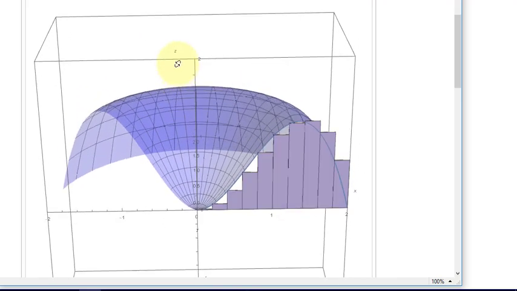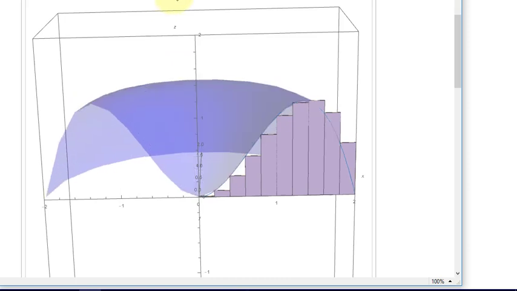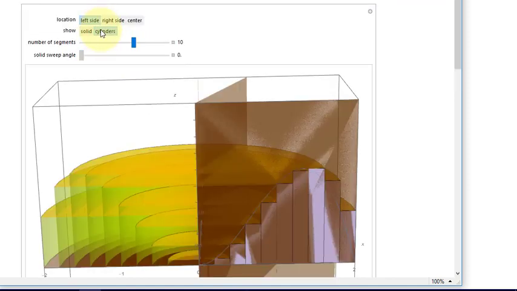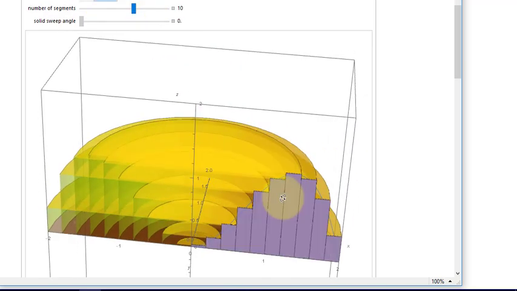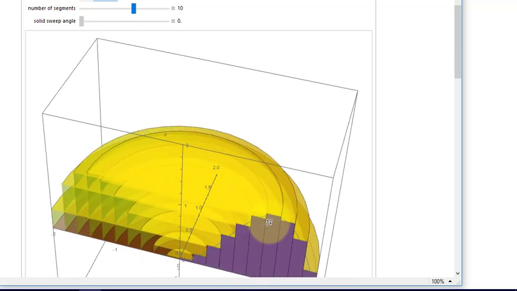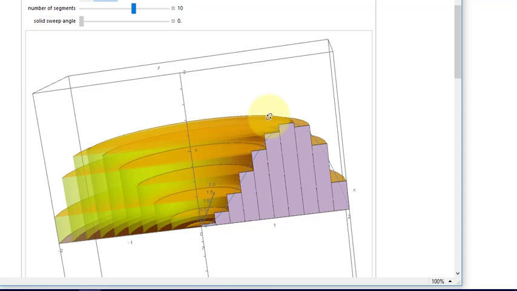Now we would typically rotate all the way around the axis, and this app just goes halfway, it stops at pi radians. But that's the rotation that we're imagining, and we can actually see it like this, where each of these are the shells that we calculate the volume for, and adding the volumes of all those shells gets me a real good approximation to the exact volume of the solid.